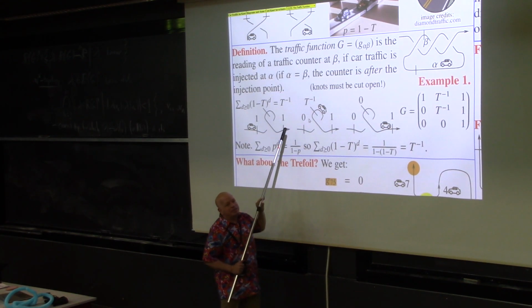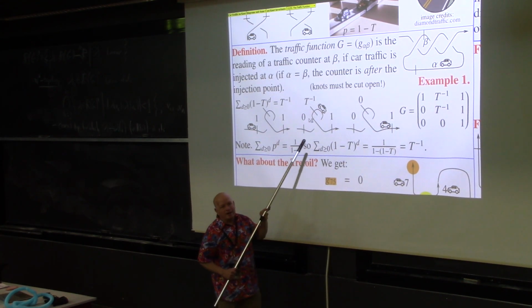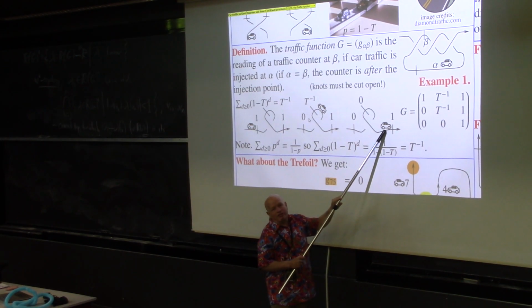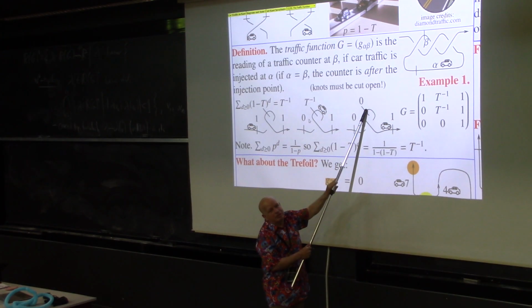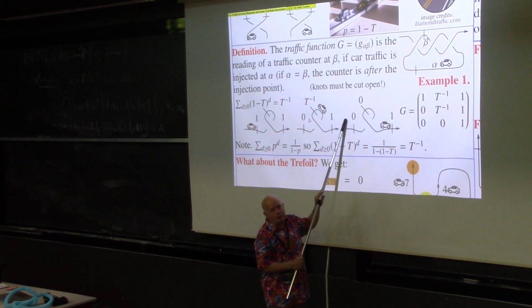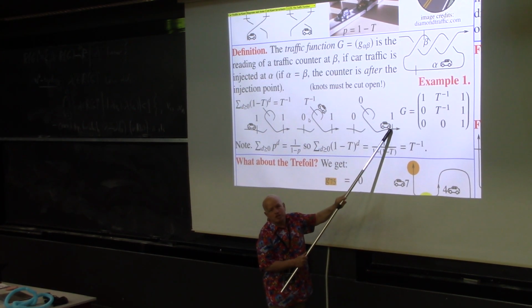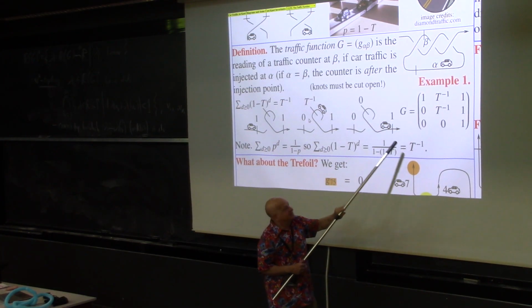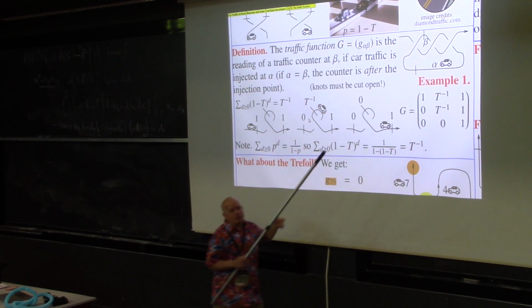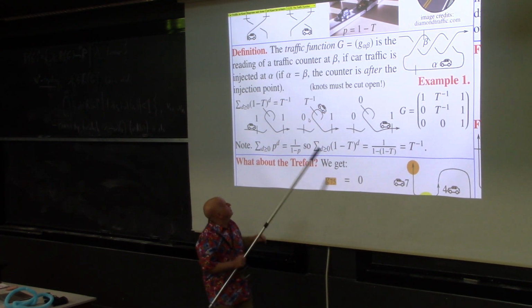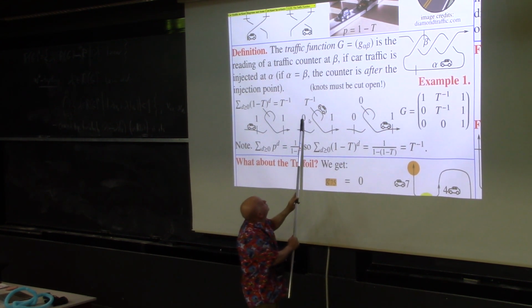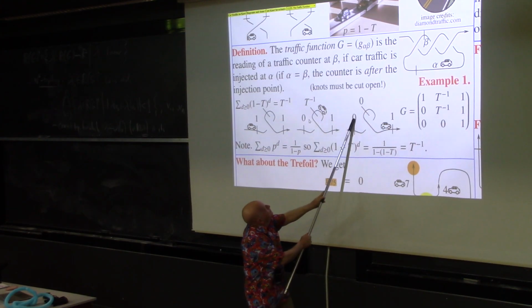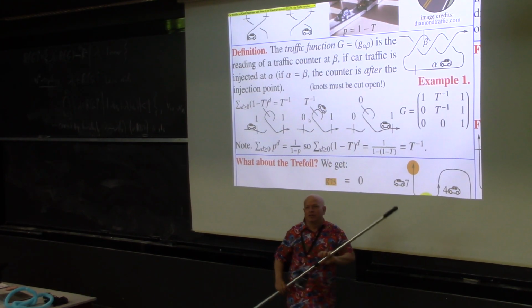So it will measure T inverse, and this one will measure 1. And finally, if you inject the traffic here, then this counter will measure 0, this one will measure 0 because there's just no way to go backwards, and this counter will measure 1. Okay? So the traffic matrix, or the traffic function, is the matrix 1, T inverse, 1; 0, T inverse, 1; 0, 0, 1, and it's written here.